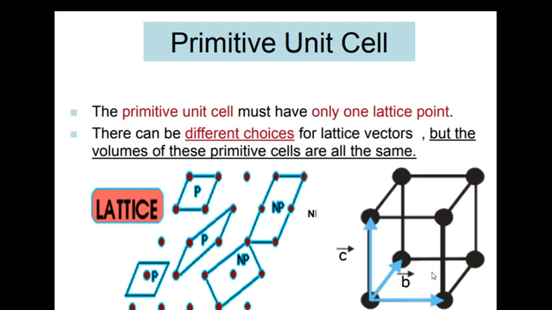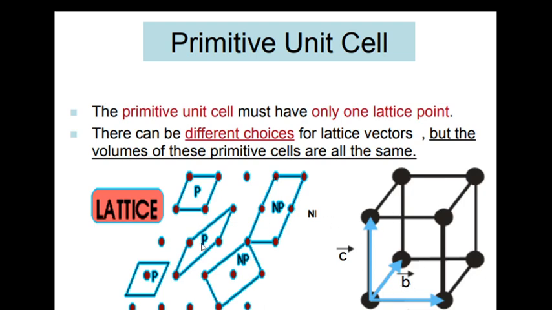So 1/8 multiplied by 4 plus 4, that is 8. So 8 multiplied by 1/8 is again 1 lattice point, and therefore in 3 dimensions also you have 1 lattice point. Therefore this is said to be a primitive unit cell.